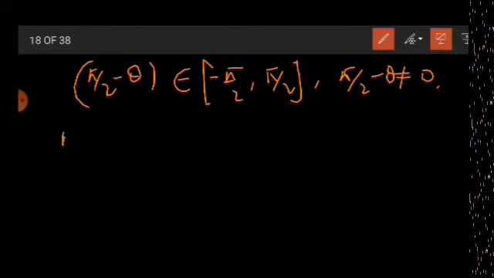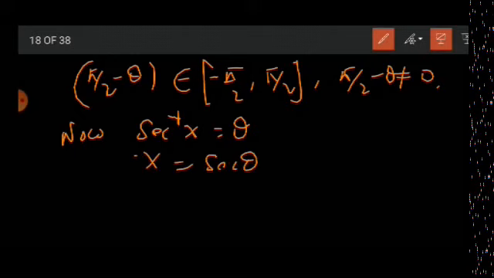Now, sec inverse x we assumed was theta, so we can say x equals sec theta.